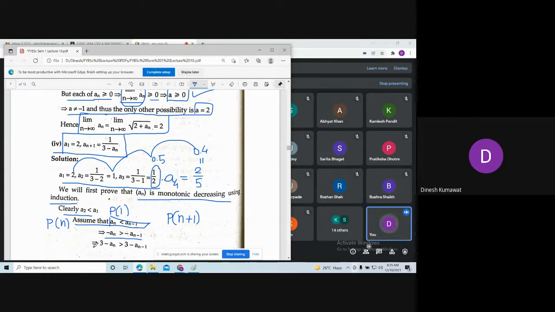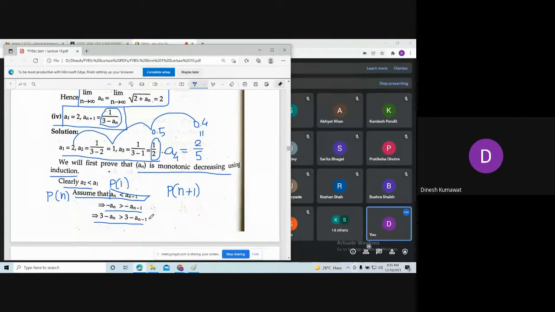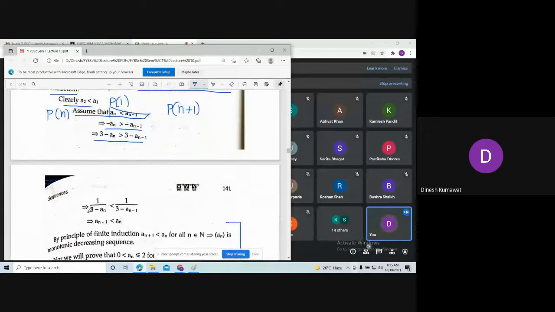Now you just add 3 throughout this inequality. But observe, here we want 1 upon 3 minus an. So what are we going to do now? Take the reciprocal. So after taking the reciprocal, we have this statement.